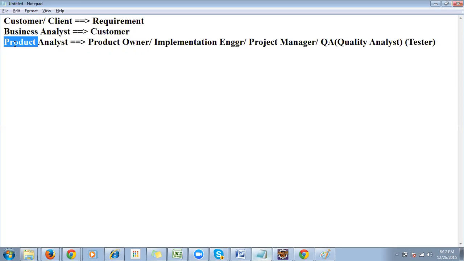He will take 3 or 4 requirements and say they should be completed in another 15 days. Then he'll take the next 3 or 4 requirements. Like that, step by step, he will decide what requirements to take and handle. That is what the product analyst will do.